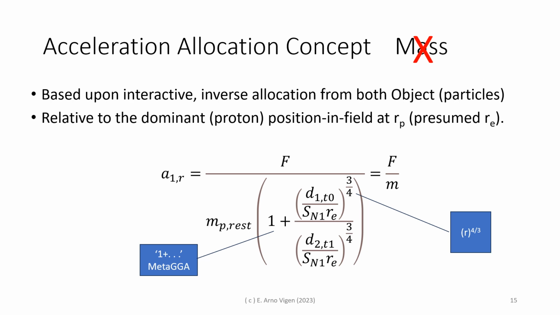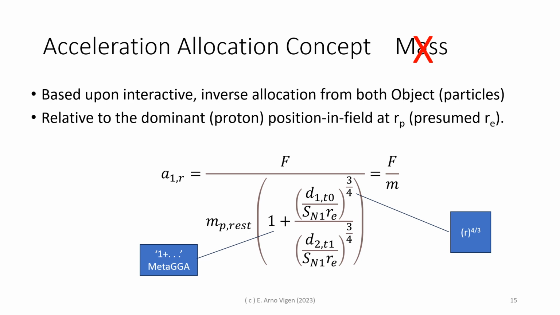Now I've added some notes here because we already do this in our error correction. You see, we have for the inverse something called localization. And it uses a formula called r to the 4/3. And it's applied on the inverse, so the 4/3 times the 3/4 effectively cancel each other out.